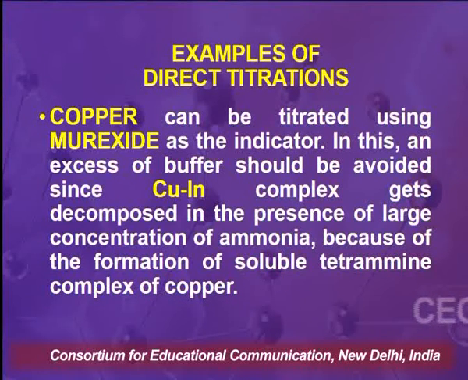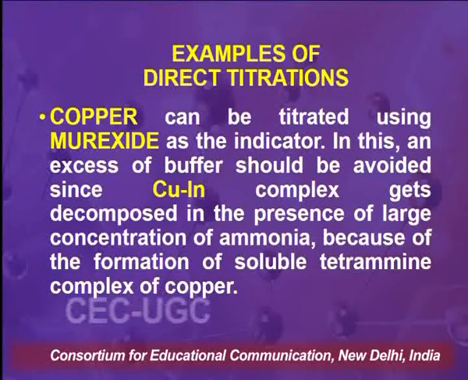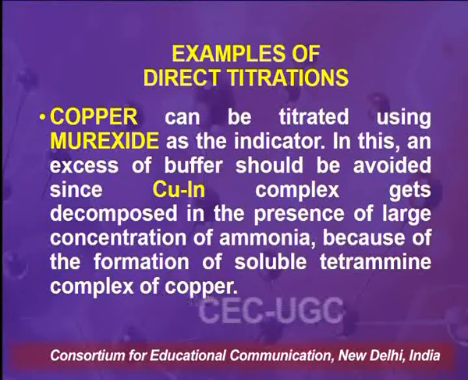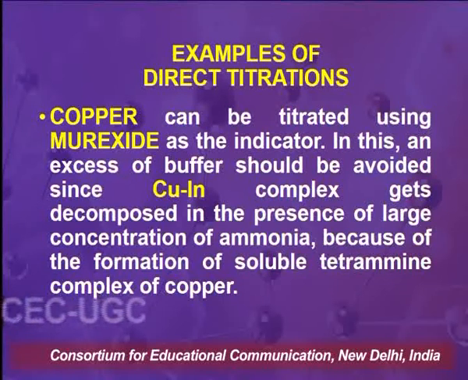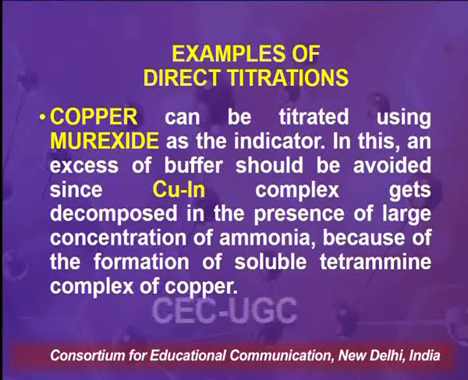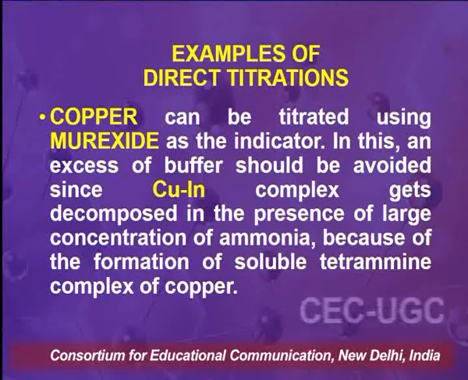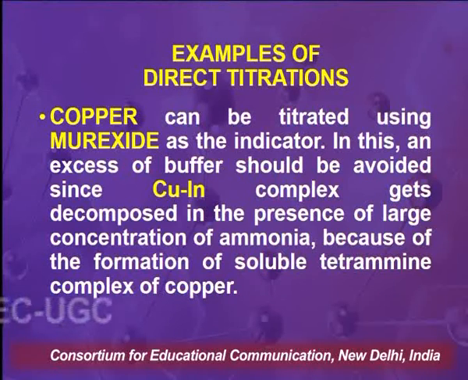We have already discussed that copper cannot be titrated with ammonia because the copper ammonia complex, the tetraammine complex of copper, follows a stepwise, 4-step reaction, and therefore it is a very tedious reaction in which direct titration or a complexometric titration cannot be performed.